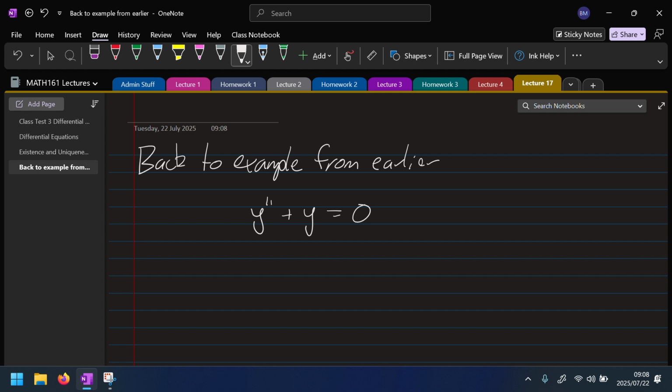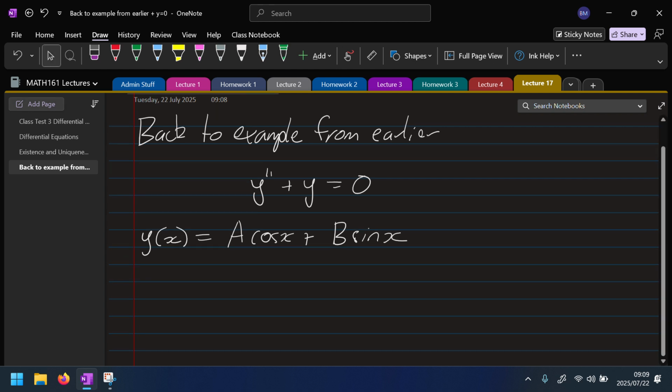So now we know that cos x and sin x are linearly independent. They are both solutions. So the general solution is y of x is going to be a cos x plus b sin x. Okay, so this is where we left off before we did the whole Wronskian stuff.